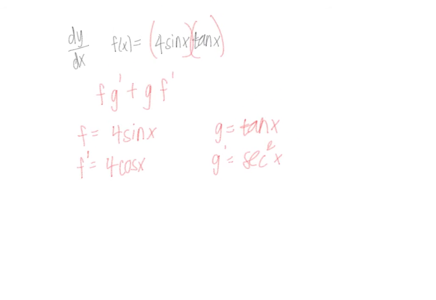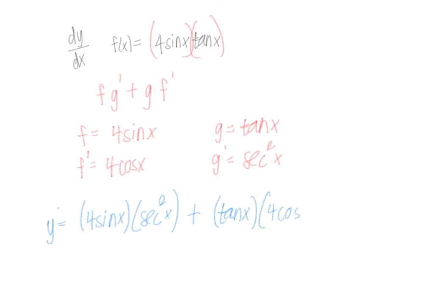So let's say what our derivative is. Y prime is the first, so 4 sine of x times the derivative of the second, so secant squared x, plus the second, so tangent of x, times the derivative of the first, so 4 cosine of x.